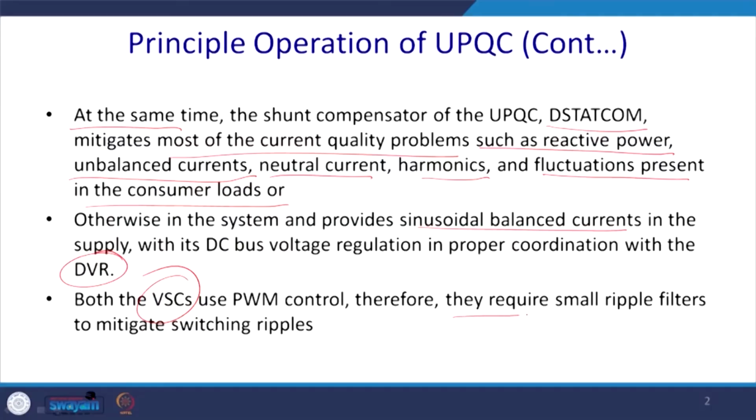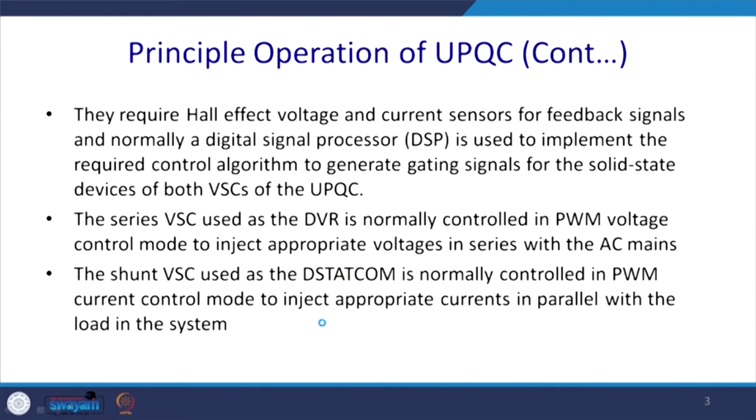They require only small filters because the switching frequency is around 10 kilohertz for the IGBTs. So the size of the filter is going to be very small to mitigate the switching frequency ripples in voltage as well as current.